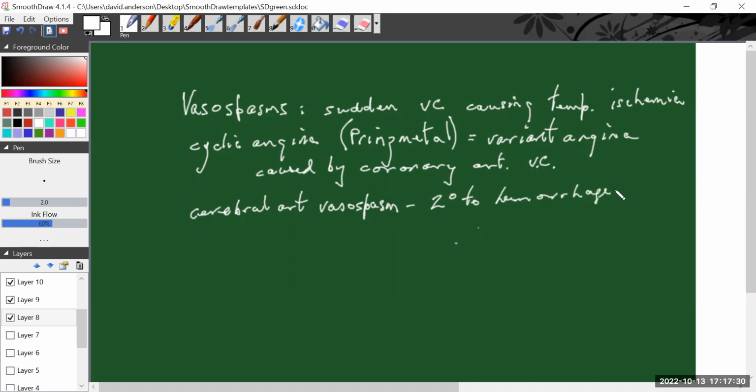So the hemorrhage, the blood exposure to the cerebral artery causes a vasospasm. Otherwise known as a stroke.